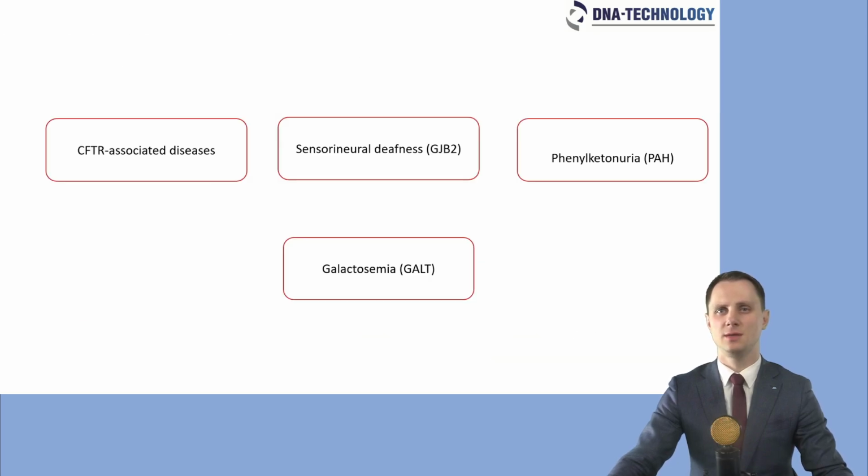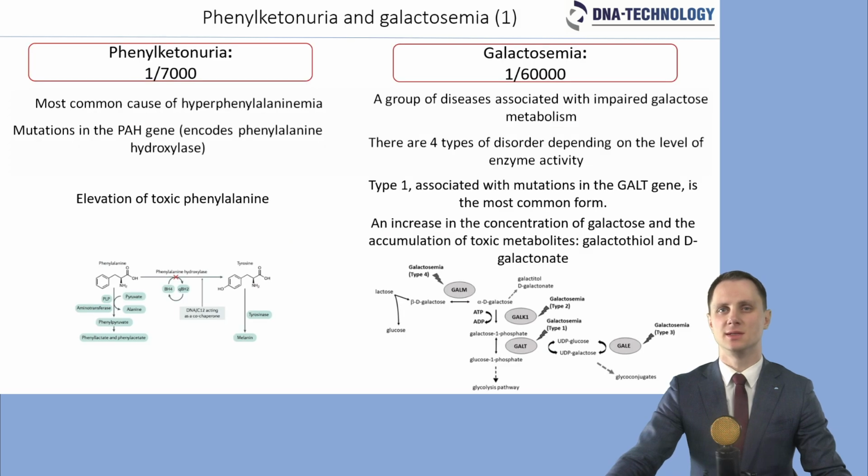Phenylketonuria and galactosemia belong to the group of metabolic diseases. Phenylketonuria is the most common cause of hyperphenylalaninemia, with a population prevalence of 1 in 7,000. The disease is associated with impaired function of phenylalanine hydroxylase, encoded by the PAH gene, which causes a toxic increase in the level of phenylalanine.